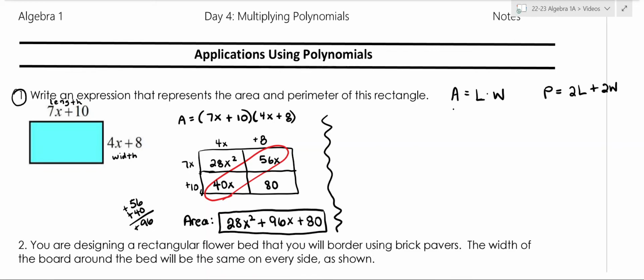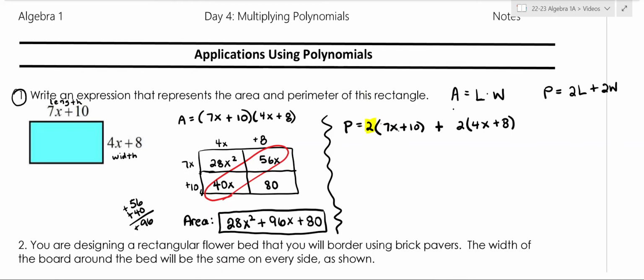All right, so now the perimeter is going to be twice the length, which we said was the 7x plus 10. Once again, it's a quantity, so we wrap it in parentheses, plus twice the width, and the width is 4x plus 8. The first thing we need to do is get rid of these parentheses. We can't just ignore them because we have a number in front that needs to be distributed.